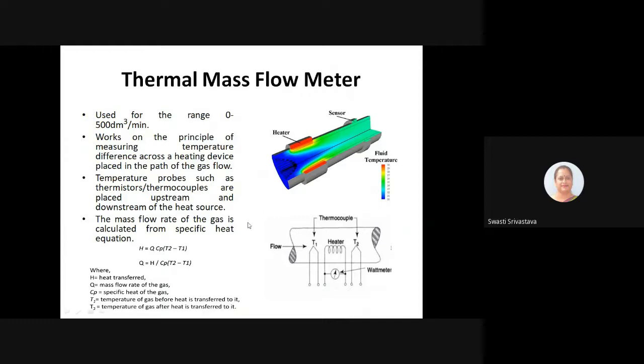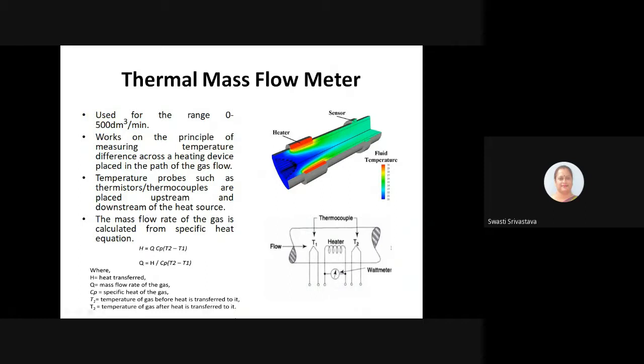These temperature probes detect the difference in temperature, and this difference is read out by a watt meter. The temperature probe can be put either inside or outside the piping.